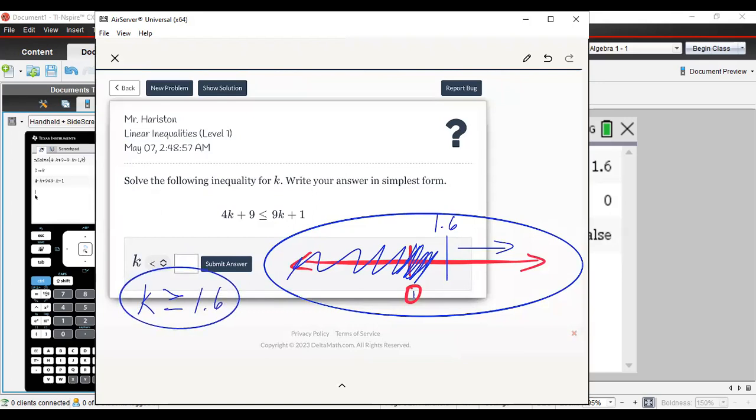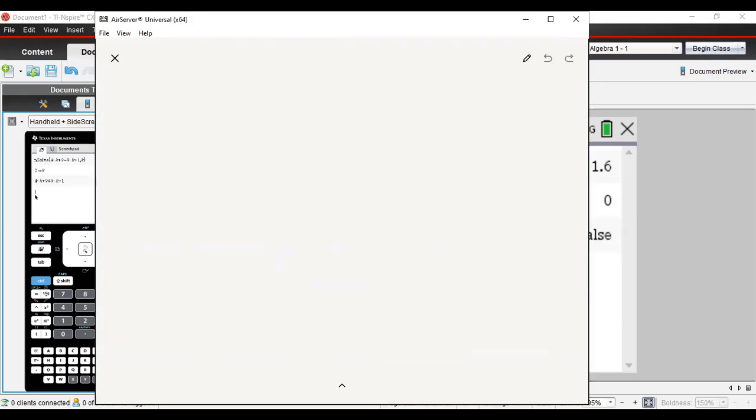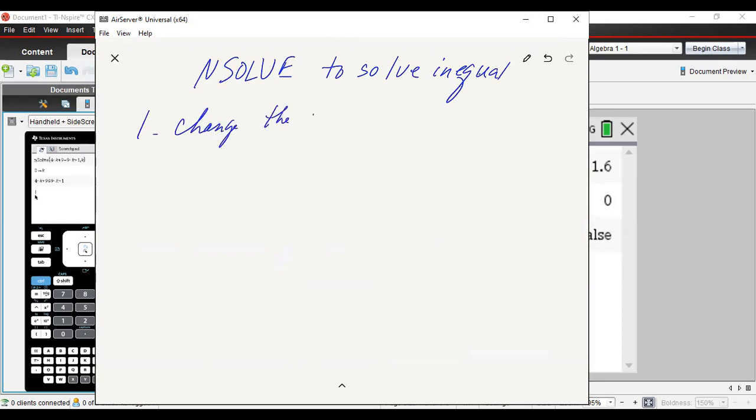All right. Let me kind of summarize this real quick. You can use Nsolve to solve inequalities. You just need to do a couple things. You need to change the inequality to an equation. And then once you Nsolve it, you're going to get your boundary number.